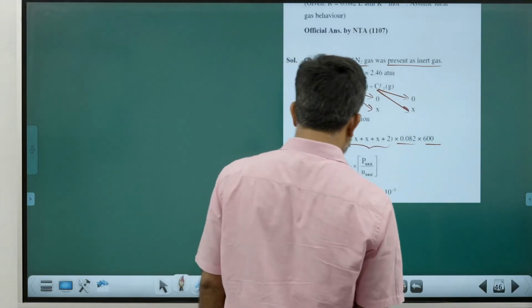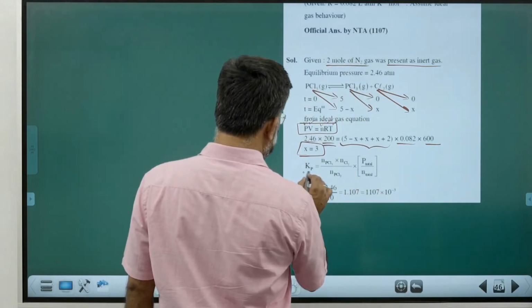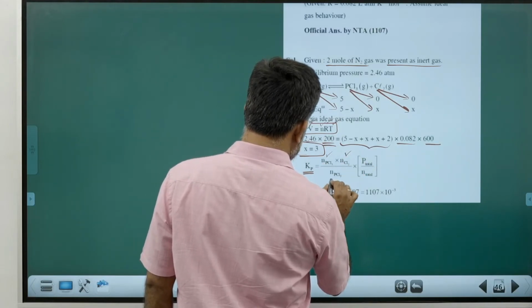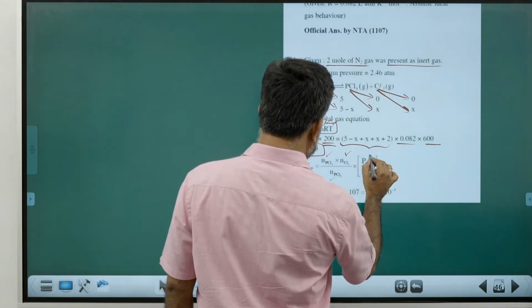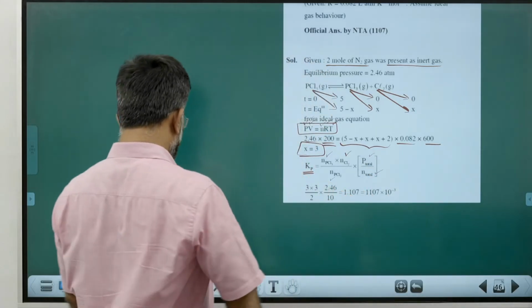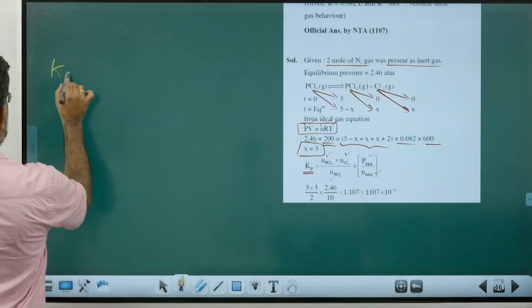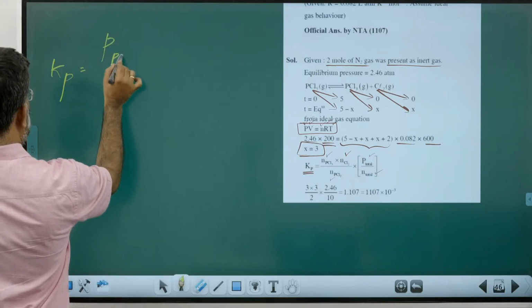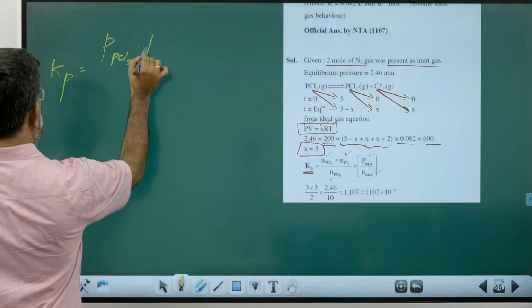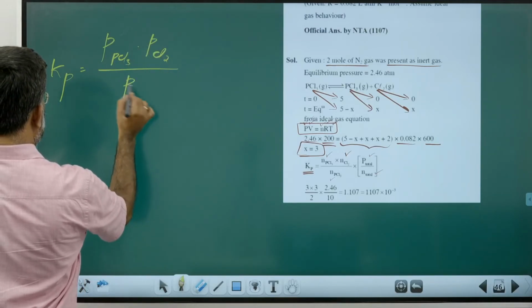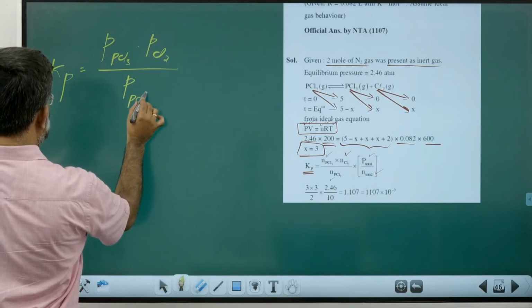Now that X is 3, you get Kp. Or the traditional way: Kp is equal to the partial pressure of PCl3 into the partial pressure of Cl2 divided by the partial pressure of PCl5.